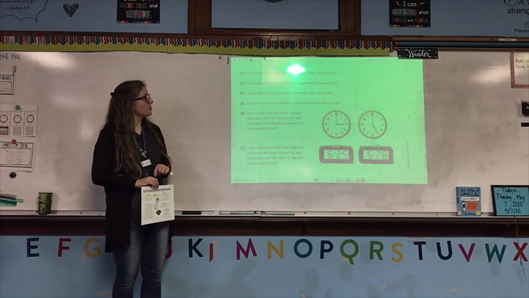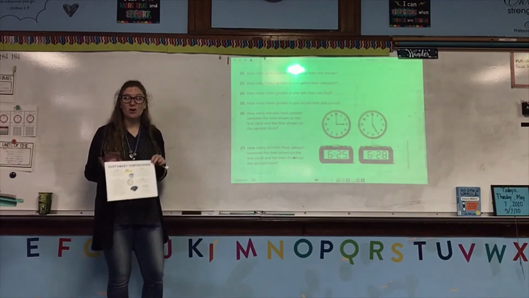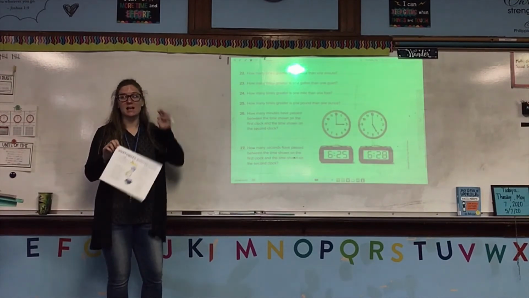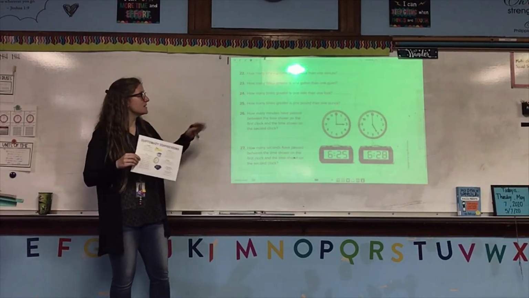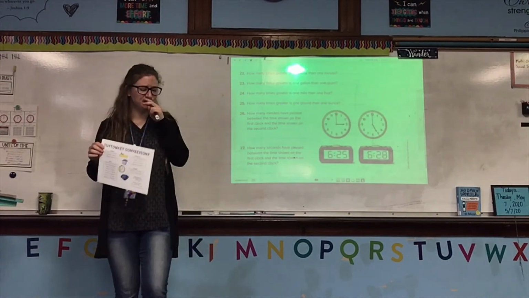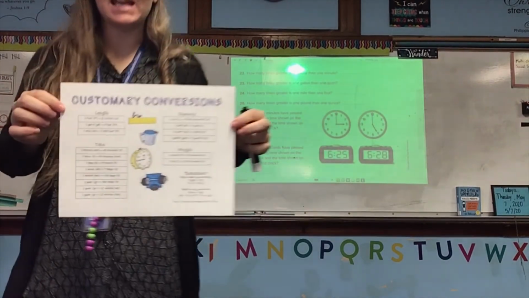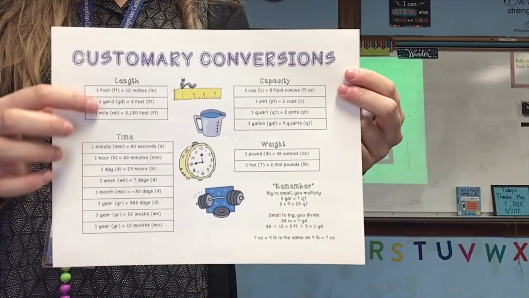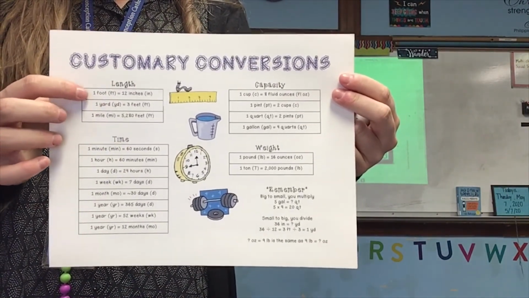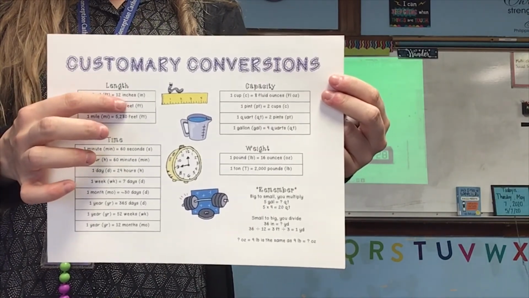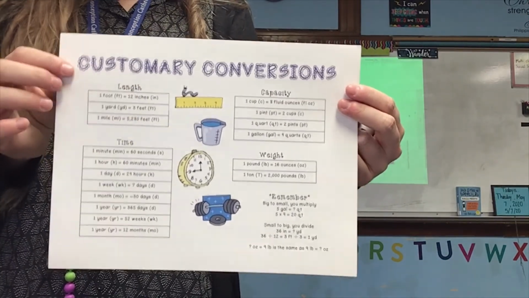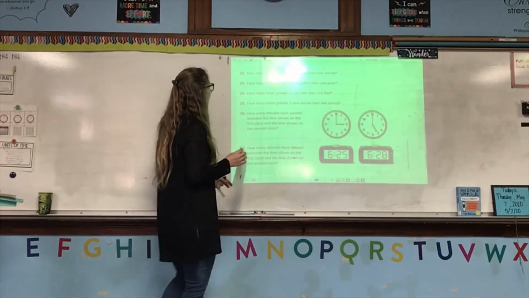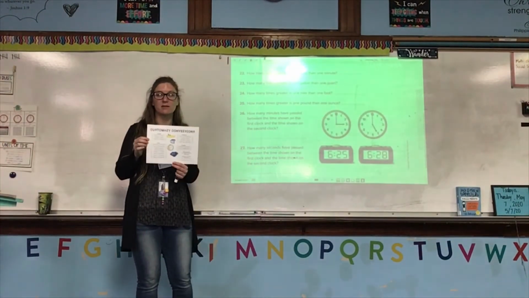Okay, so for number 22 through 25, all we needed was to know our conversions, which again, you should be studying and memorizing, because our conversion chart tells us exactly how much greater each of the larger units are than the smaller units. We know that 1 foot is 12 inches, which means a foot is 12 times bigger than an inch, and so on. So number 22 says how many times greater is 1 hour than 1 minute.